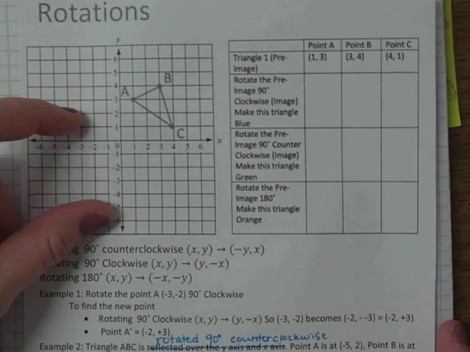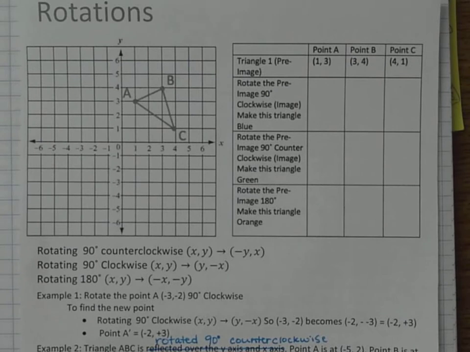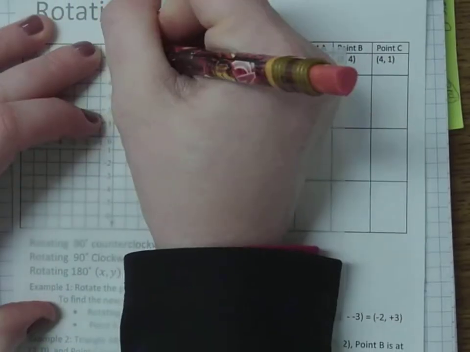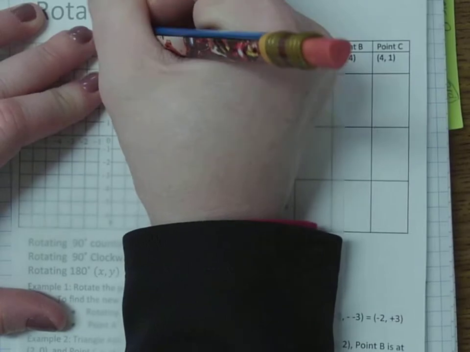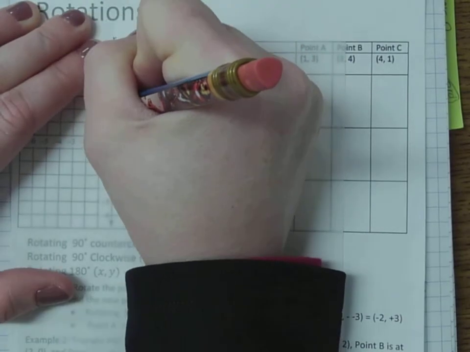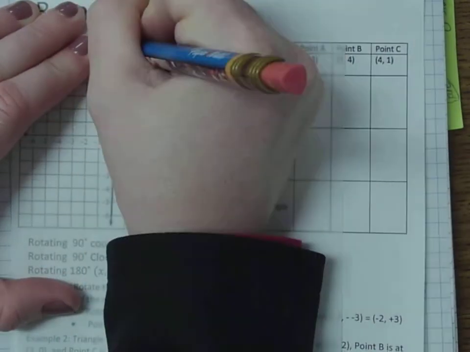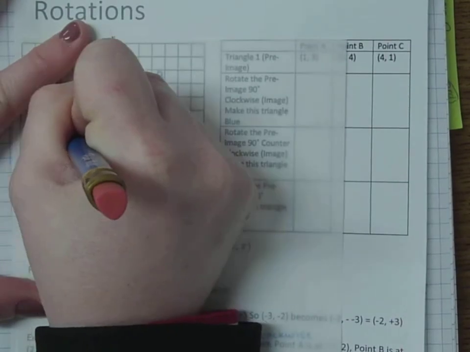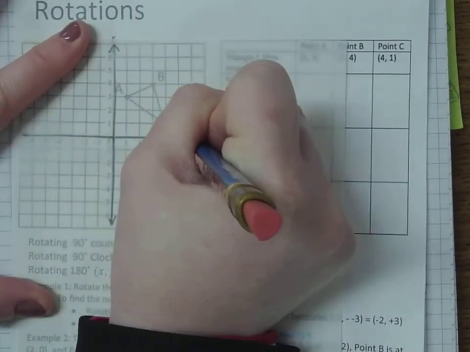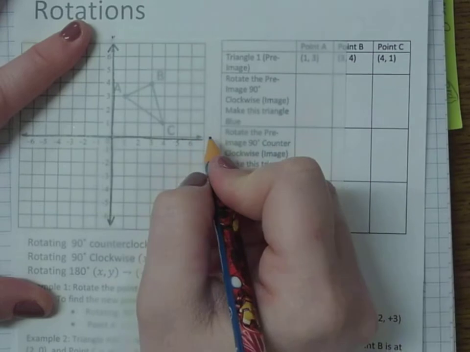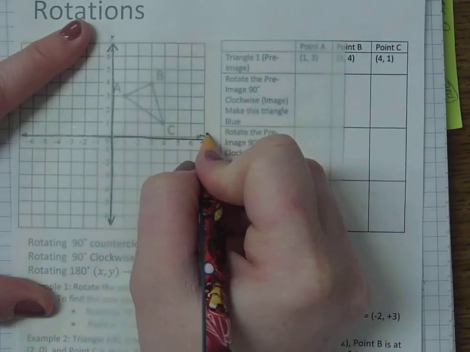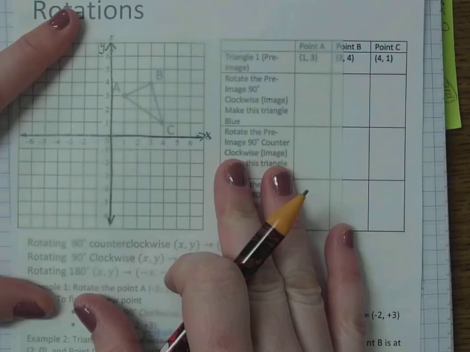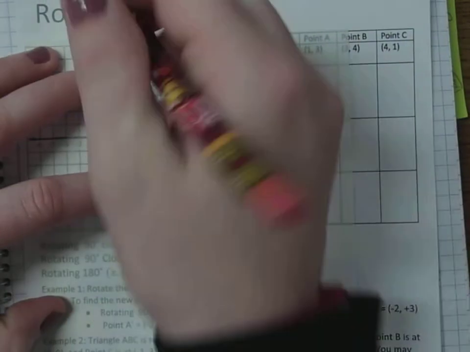Again, I'm going to use patty paper because I think it helps for students to see it originally first on patty paper. X, Y. Okay, so then I lined that back up.